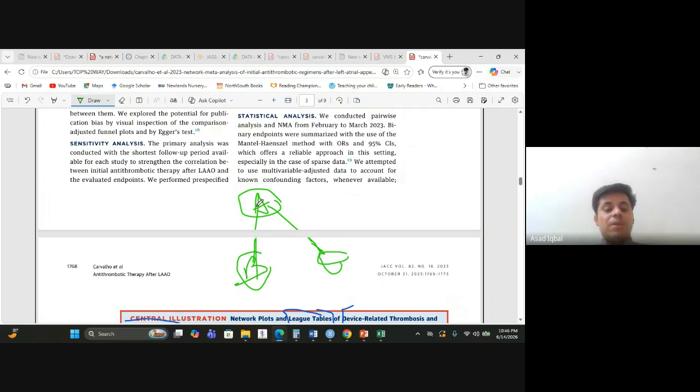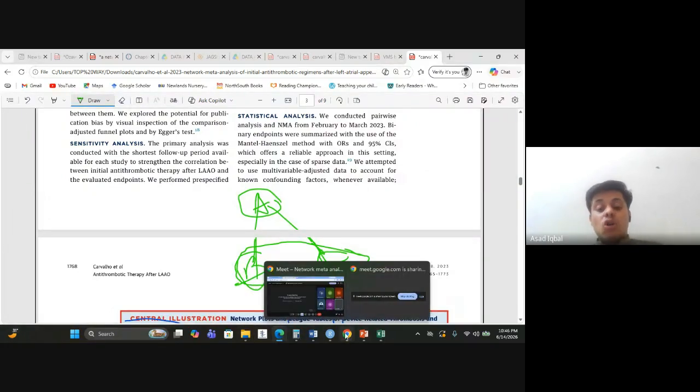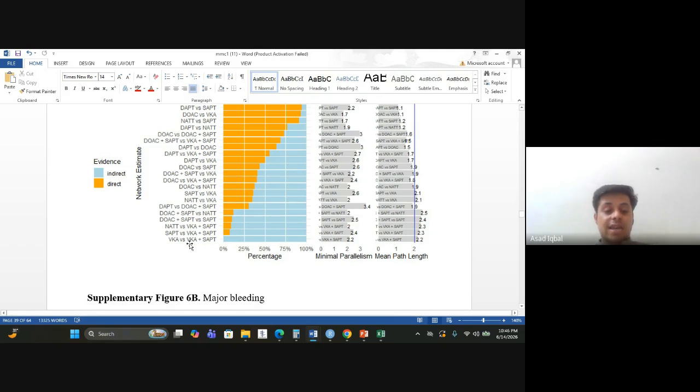I'm comparing this with placebo, and this with placebo, but there is no study comparing these two. Then obviously the whole amount of evidence you got for these two will be from indirect evidence, and the line comparing B versus C will be completely blue. And the network estimate you got from this, the evidence will be poor.